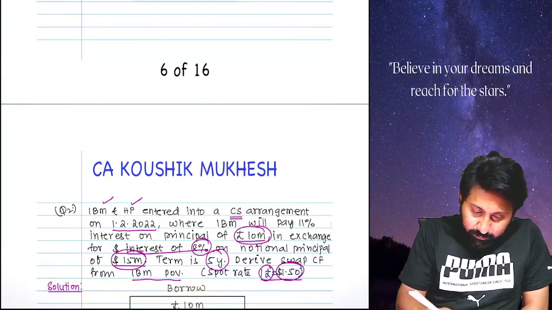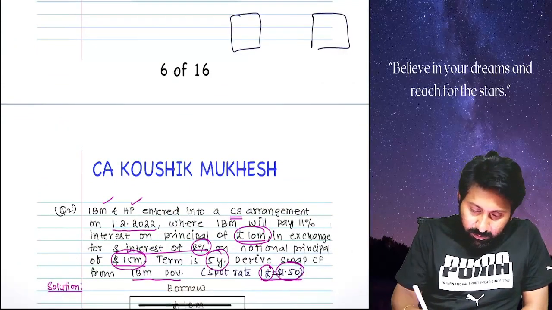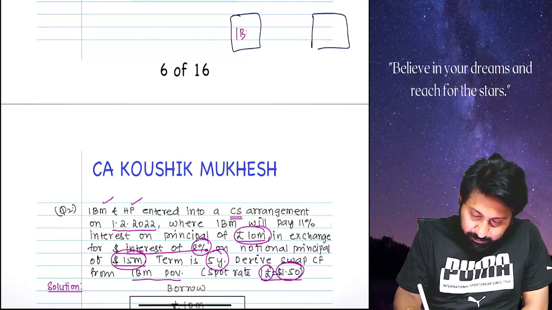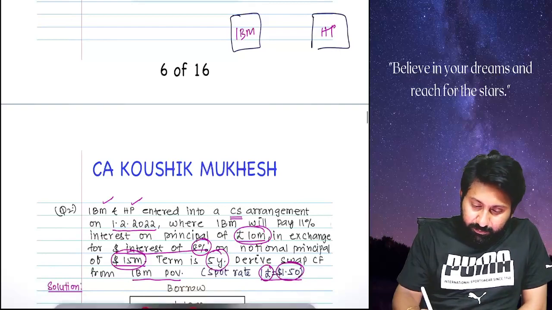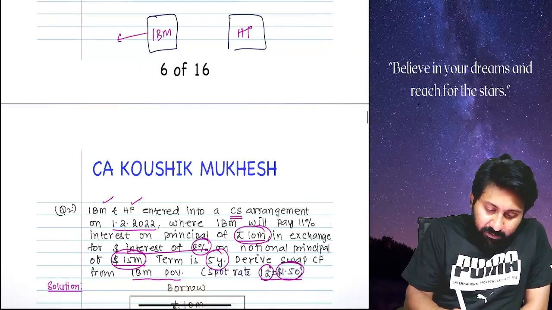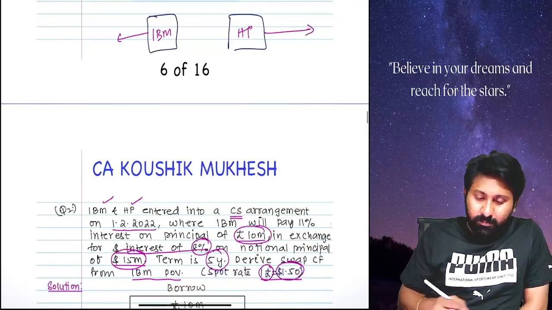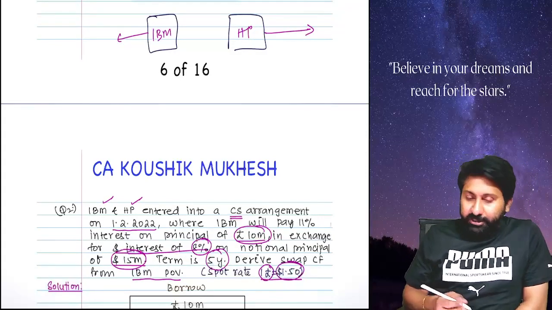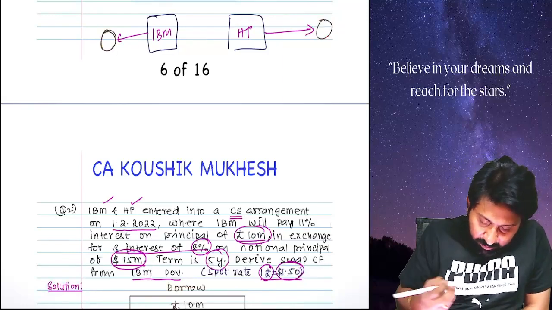See here, there are two companies. One is IBM, the second one is HP, Hewlett Packard. I will give you one example. IBM and HP, lender.